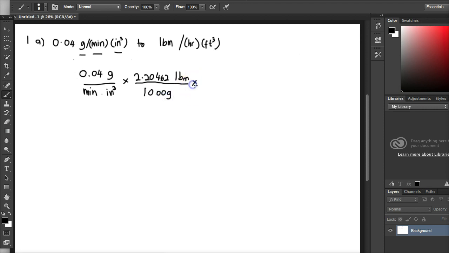Then to convert minutes to hour, we have 60 minutes equal to 1 hour, and finally from cubic inches to cubic foot, 12 inches is equal to 1 foot. Since it's cubic, we put a cube on it.